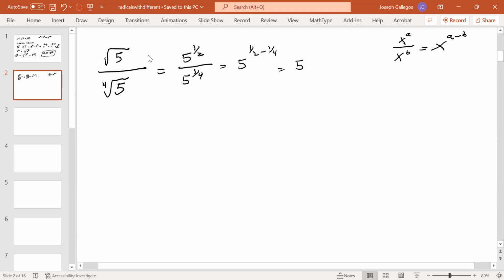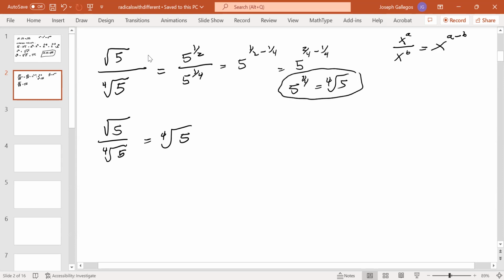So 5 to the 2/4 minus 1/4 is 1/4. So we have the square root of 5 divided by the 4th root of 5 is equal to the 4th root of 5. It is 5 to the 1/4 is the 4th root of 5. And so again, properties of exponents when they are different radicals.